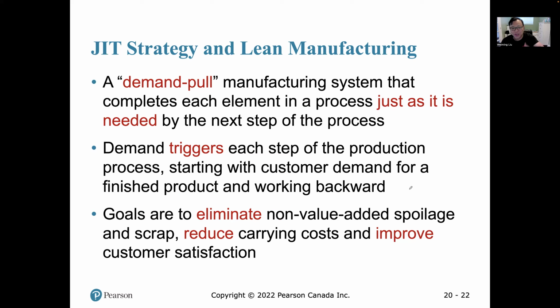The demand triggers each step of the production process, starting with customer demand for finished product and working backward. So I remember, maybe in 2017, I purchased a couch from Taiwan, I believe.